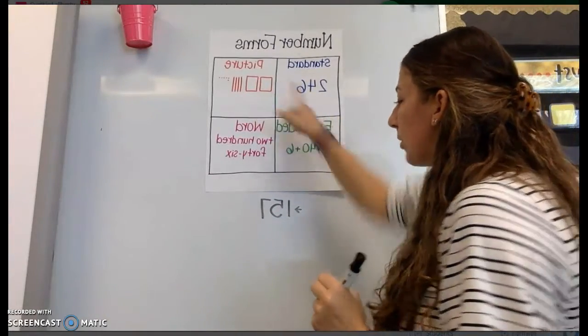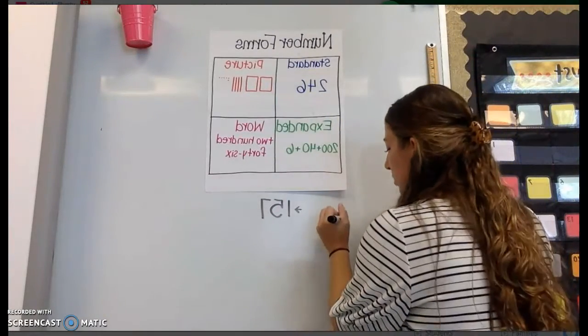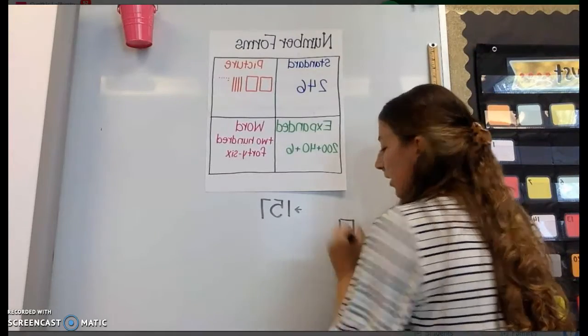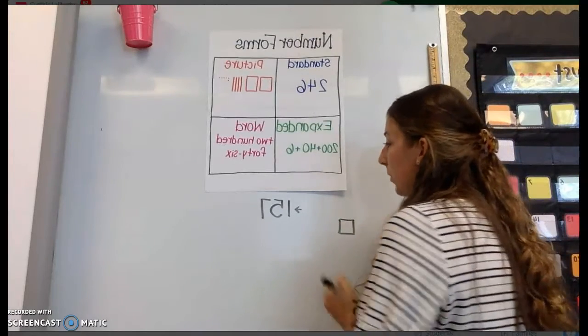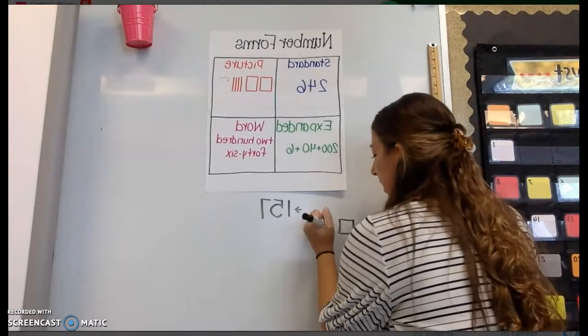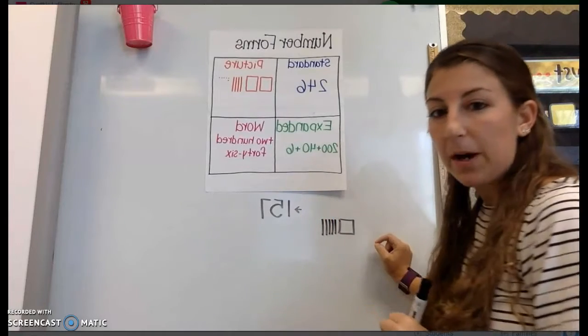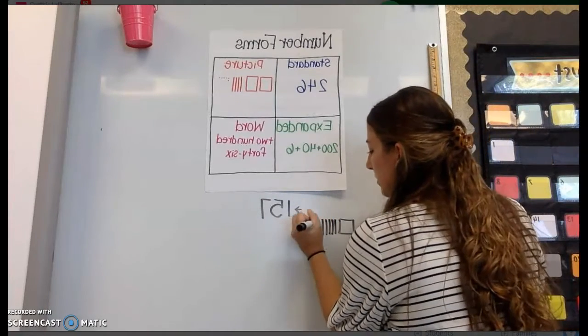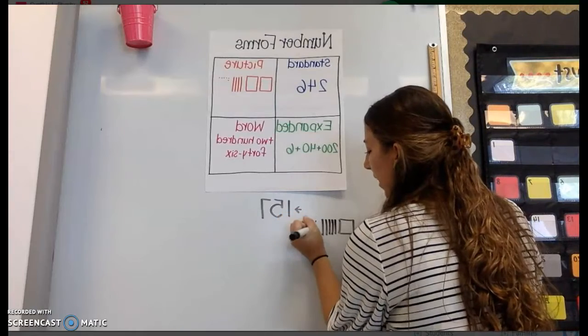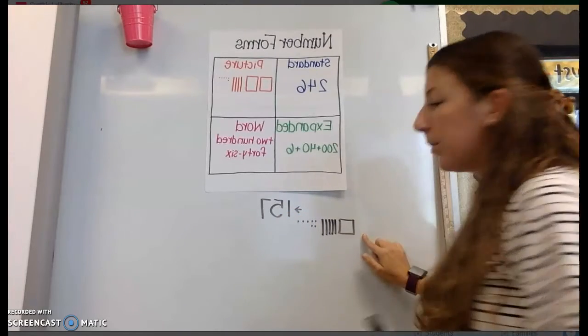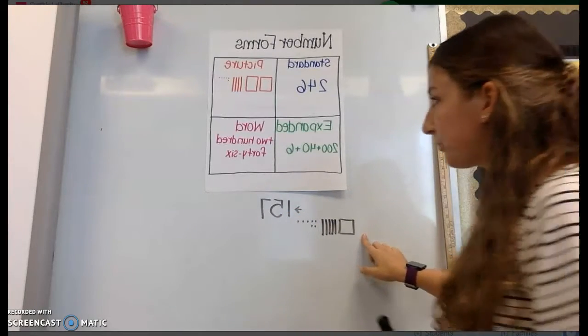My picture form, I'm going to use 1 square to represent my 100. I'm going to use 5 tens, 1, 2, 3, 4, 5, to represent my tens, and 7 ones, 1, 2, 3, 4, 5, 6, 7, to represent my ones place.